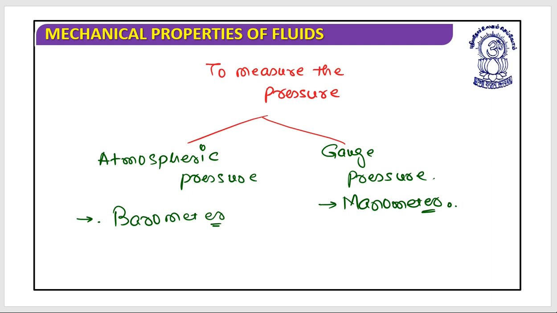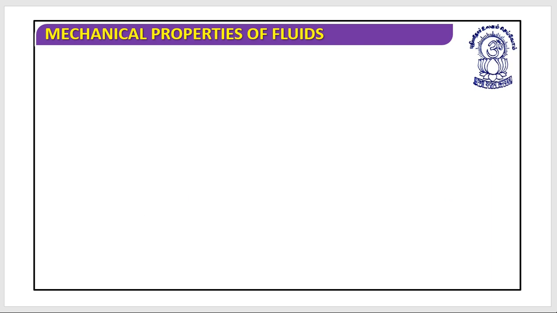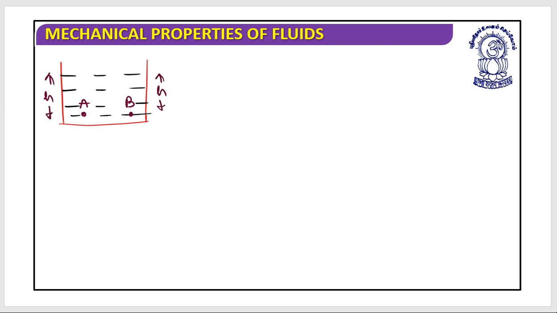Great. Now let's understand one of the very critical concepts through a numerical. Let's suppose this is a container and it has been filled with the fluid. Let's suppose point A is over here, point B is over here. This is height h, this is height h.